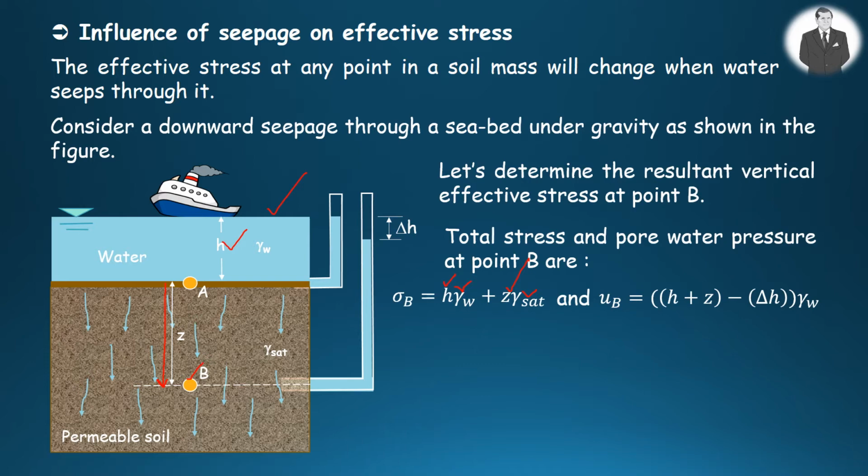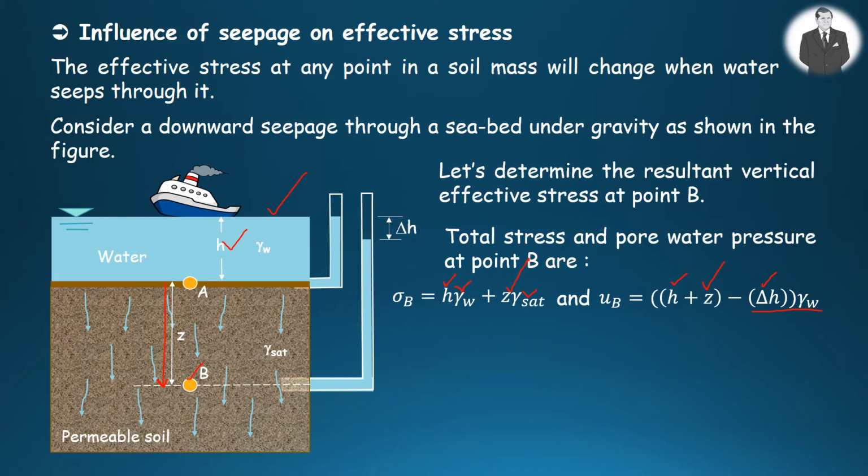The pore pressure is equal to H plus Z minus delta H times the unit weight of water. Notice that the pore pressure at point B is reduced by the amount of delta H times the unit weight of water due to seepage.